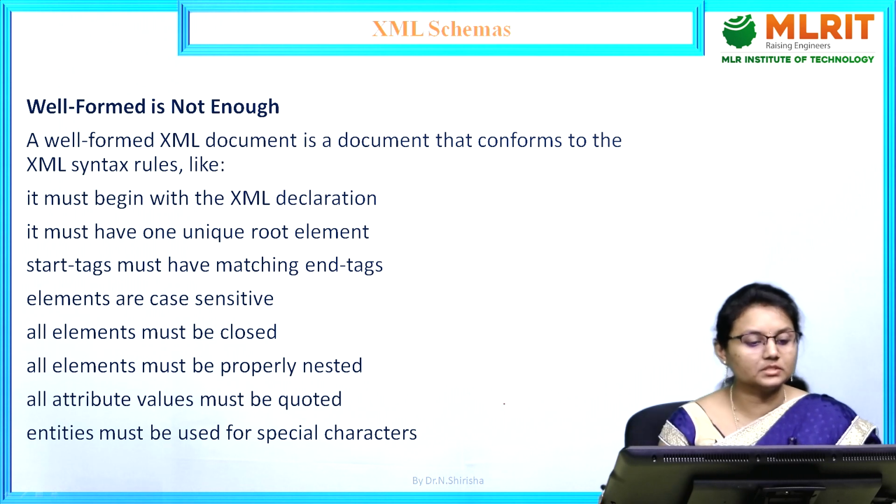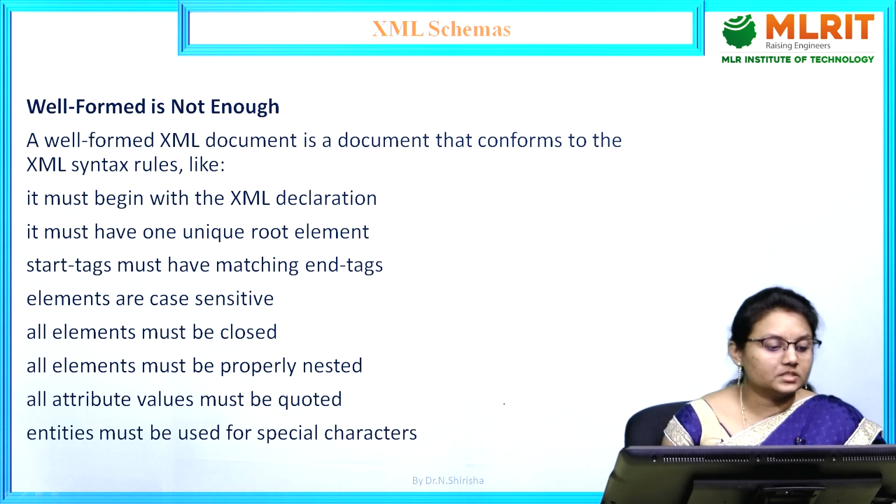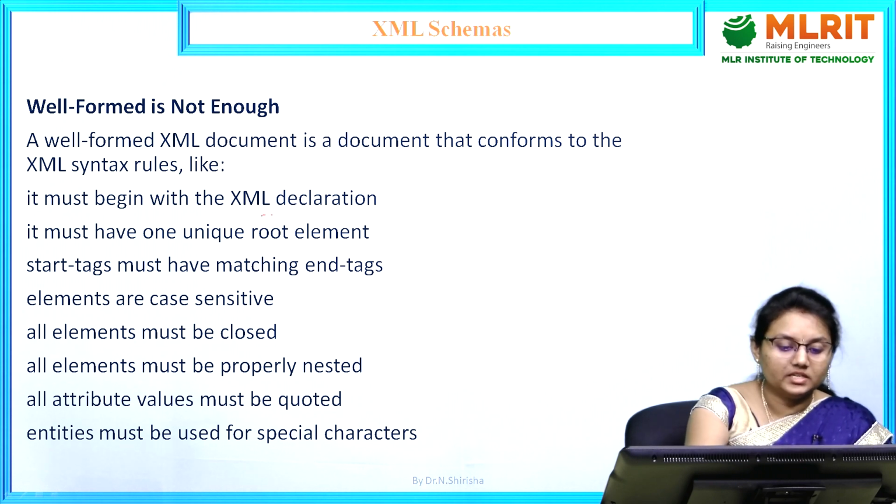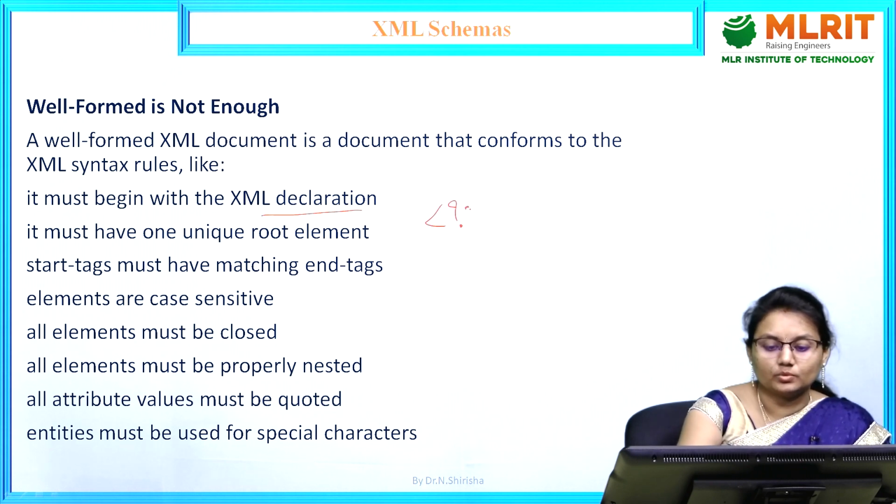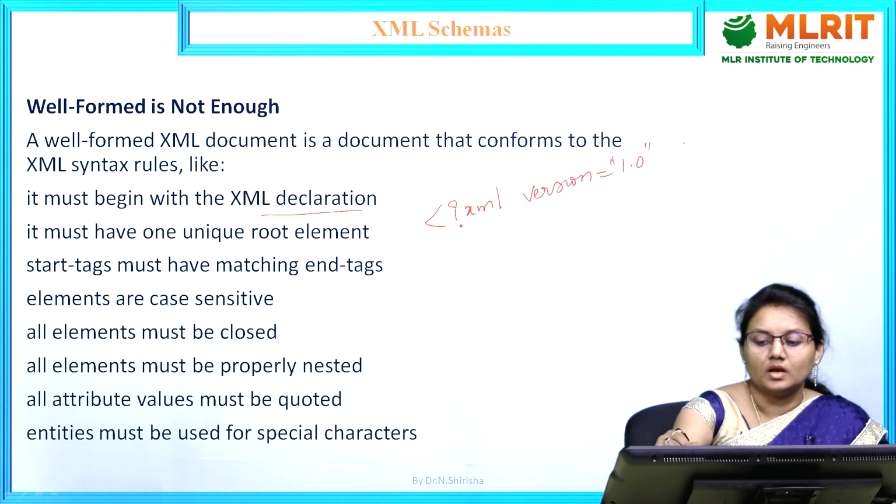It must conform to XML rules, and it must begin with the XML declaration. What is the XML declaration? Question mark, xml version 1.0, and also you can give encoding, UTF-8.